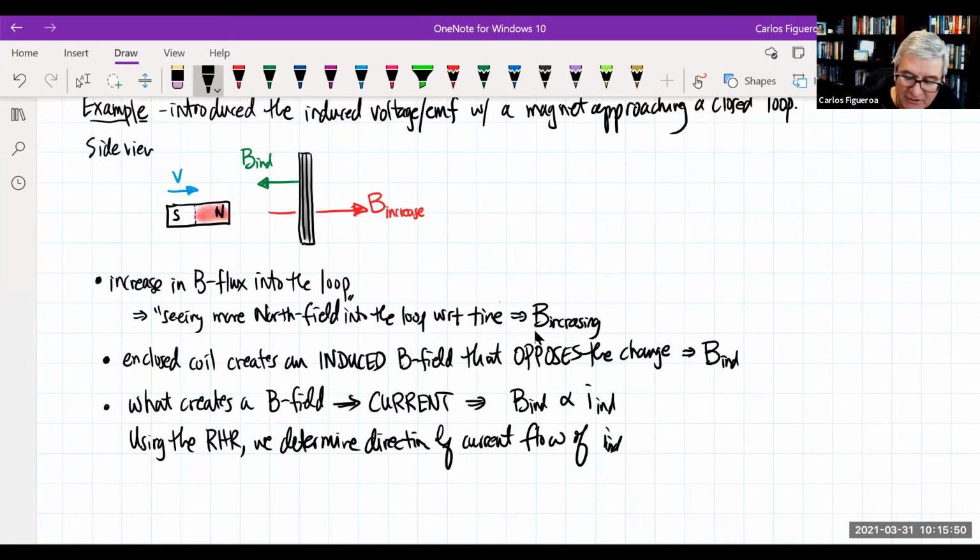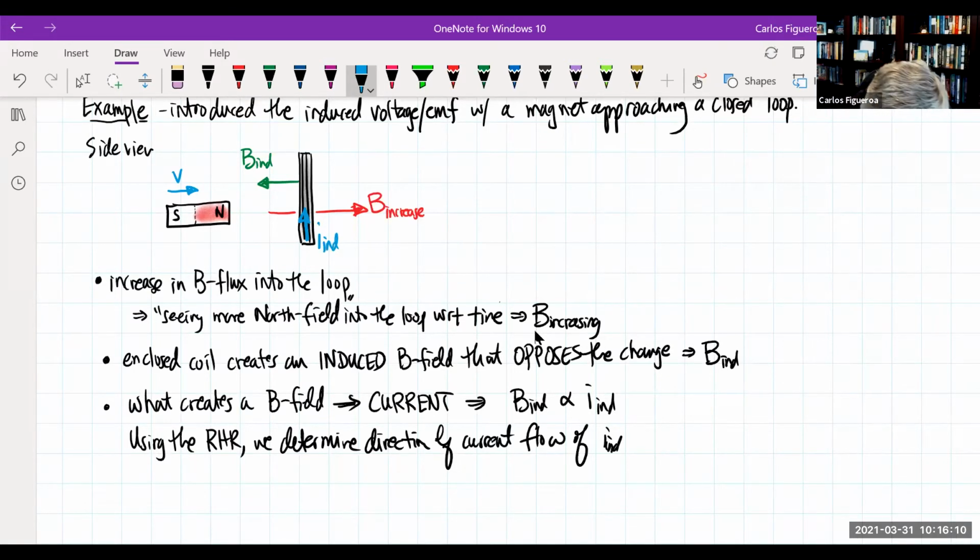So if I look at this thing, using my right-hand rule, what this tells me is that the current must be moving in this direction right here. So this must be the direction of the induced current.